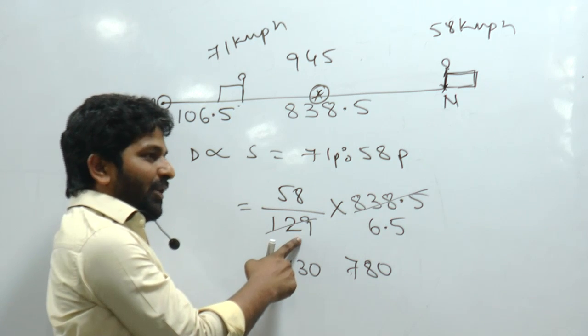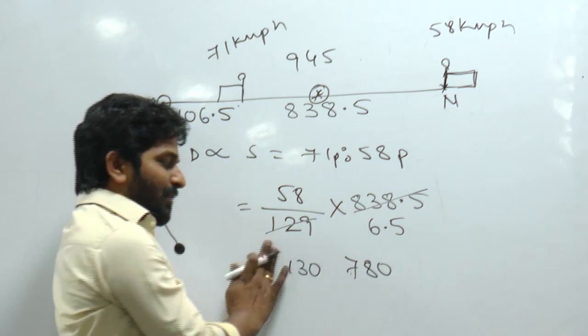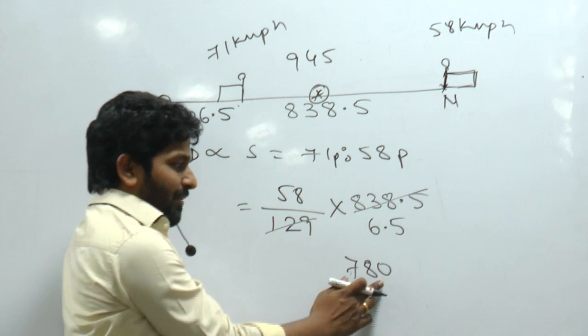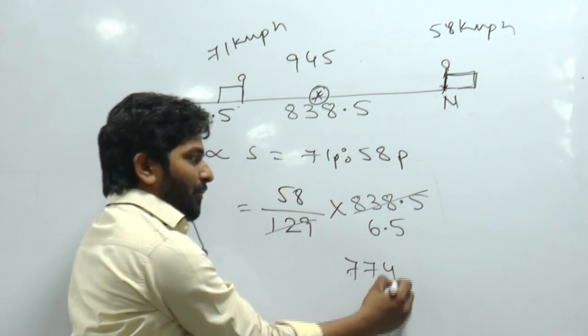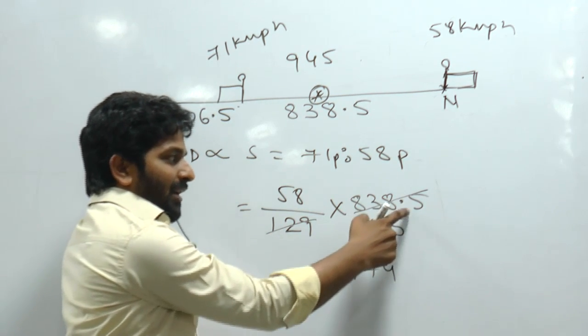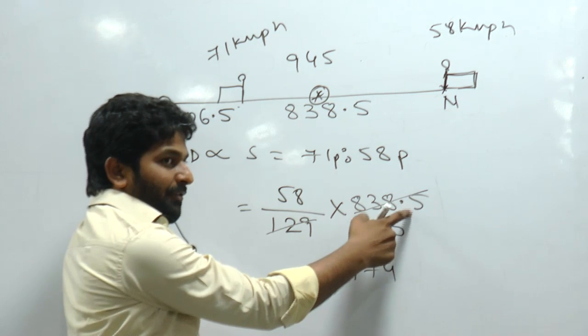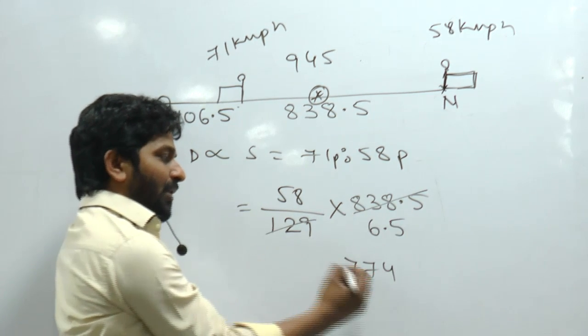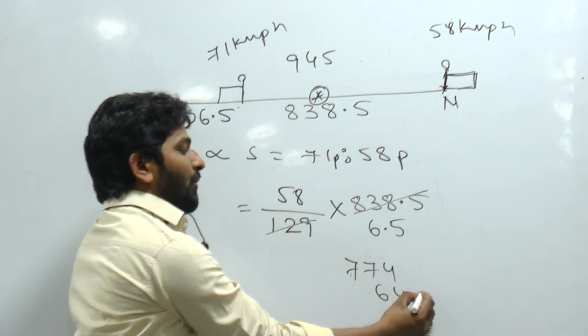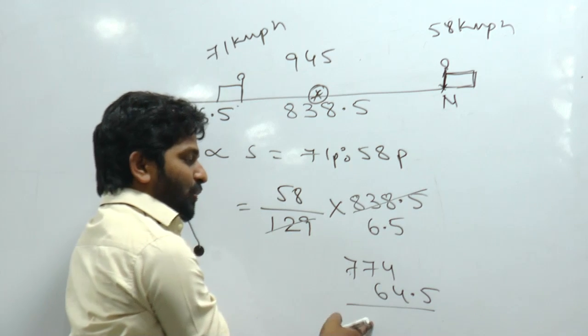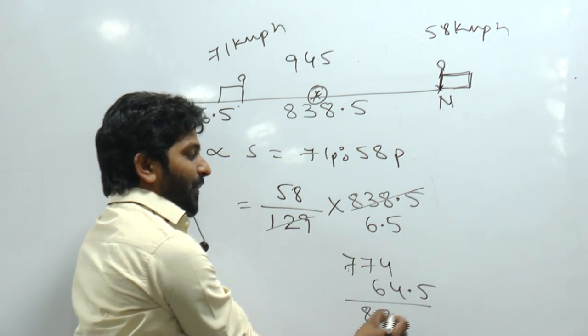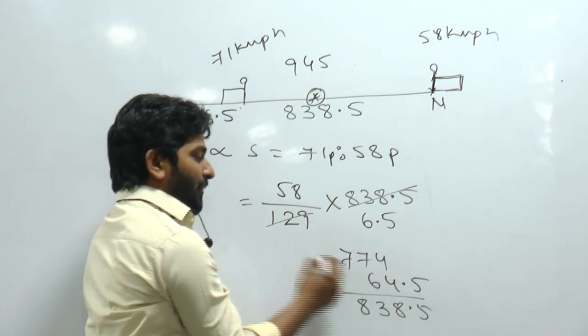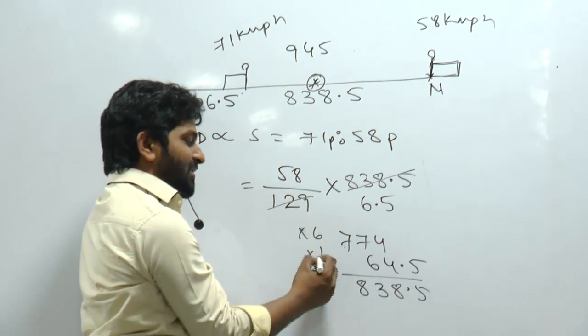But our number is 129, which is 1 less than this number. So you need to subtract 6 from this, so that will be 774. The number ends with 5, so 0.5. Take half of this number, which is 64.5. Add these two numbers, which is 838.5. This is 6 times and this is half time.